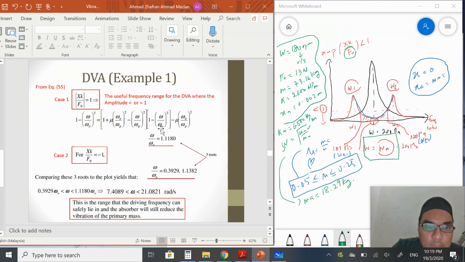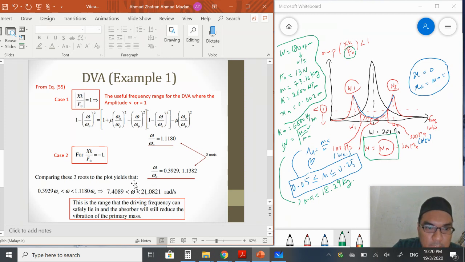Actually, you have all the parameters here, then you can solve it. For case number 2, you take 1 and the other is minus 1, so that you can get another value. From this you can get 3 values of omega. From those 3 values you pick the lowest 2 values, which means you take the values of 7.4 and 21 hertz.